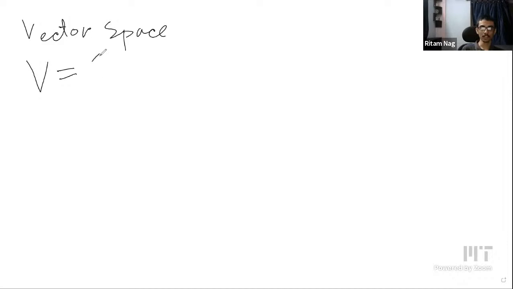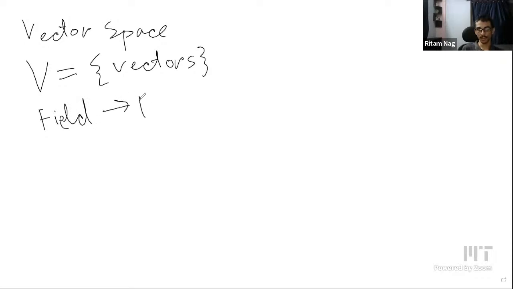It's just a container of vectors, whatever that means. And you need some field over which it's a vector space. In this case our field would be F2, but usually you work over the field R or C. Normal people work over R or C.